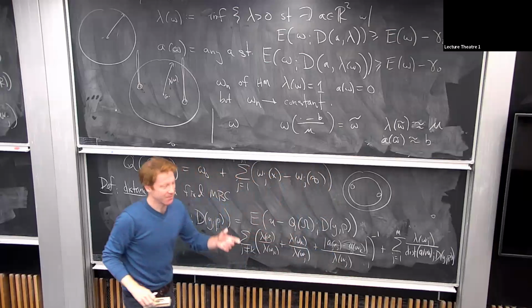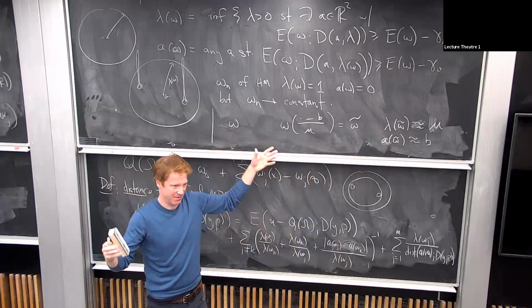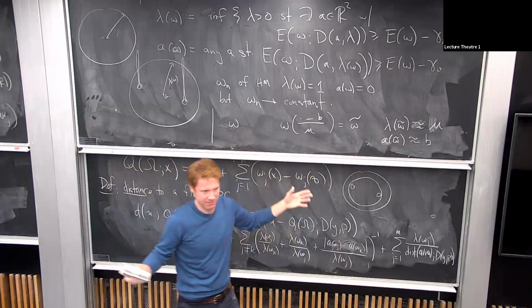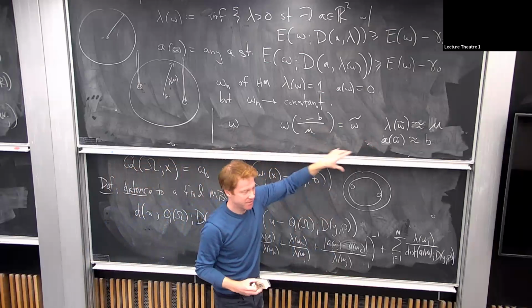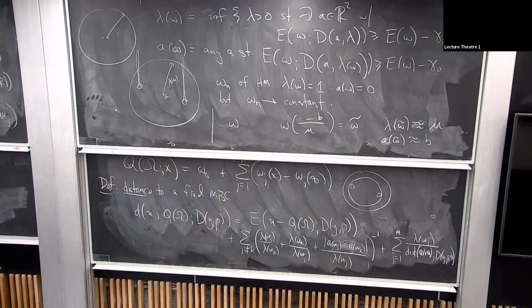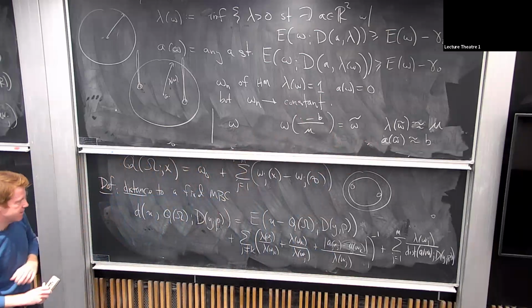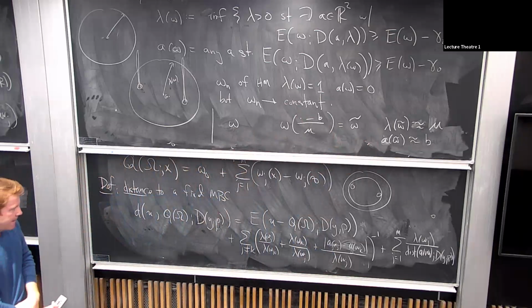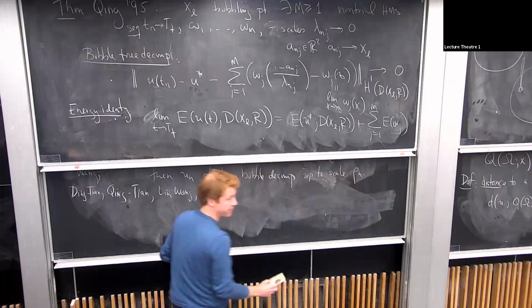So if I take a fixed harmonic map whose scale is roughly 1 and center is roughly 0, and I rescale and translate it, I want these notions to coincide. Okay, so this is my distance to multi-bubble configurations. And like I said, in practice we also include L infinity, but I just want to stick to energy for the purpose of the talk.